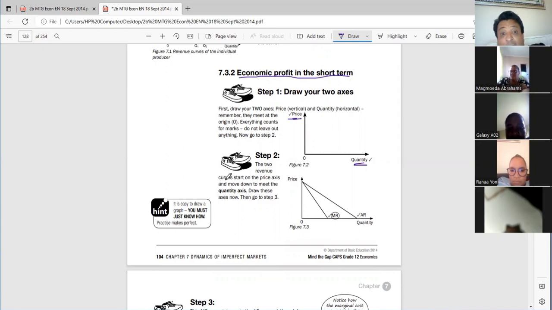The two revenue curves start at the price axis and move down to meet the quantity axis. So you're going to draw it like that. That's your marginal revenue, and that is your average revenue. Now remember, these graphs normally come from data.